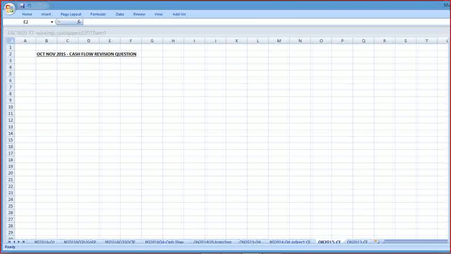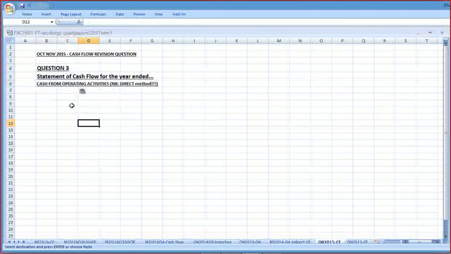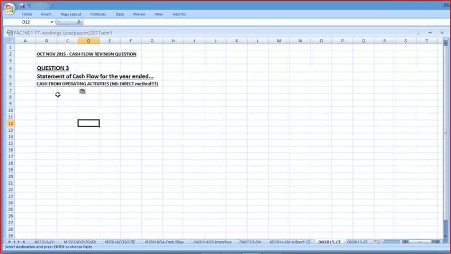Bank. Okay, so when looking at the cash flow for this particular question, because this is direct, we're going to write a heading. Question 3, statement of cash flow for the year ended. Then you've got the operating activities section.